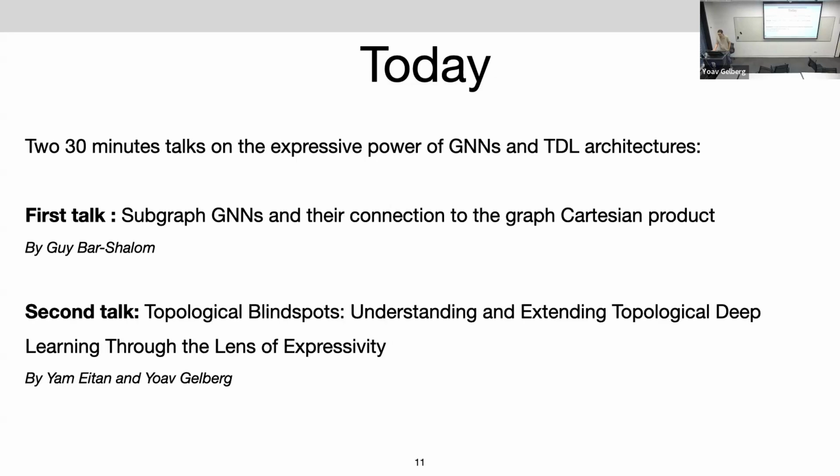And the second talk will be given by Yam Eitan and Yoav Gelberg, and they will talk about the expressivity limitations of current topological deep learning models and how to solve those limitations. We'll now pass the torch to Guy to give his first lecture. Thanks.